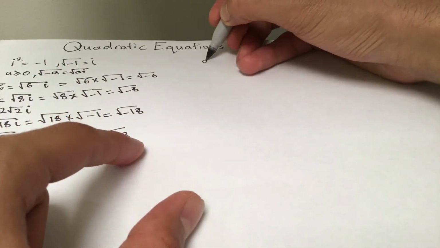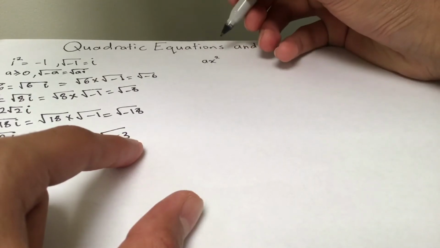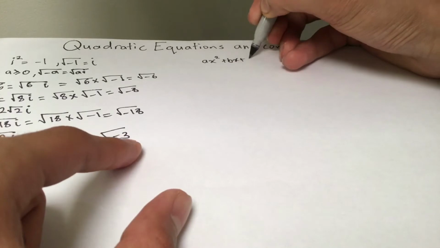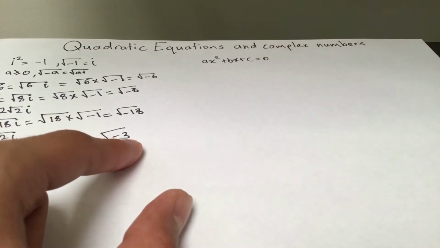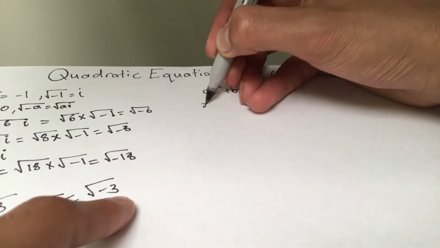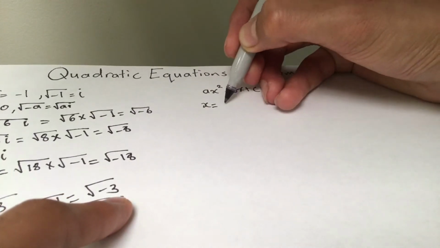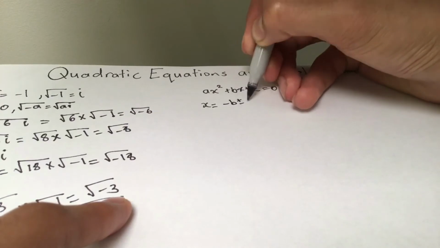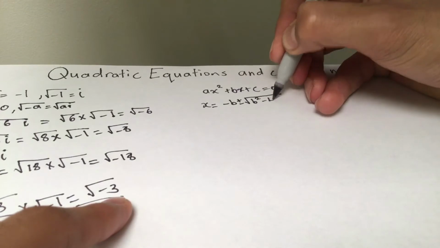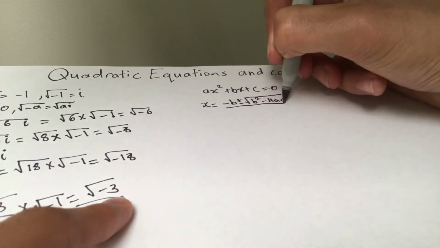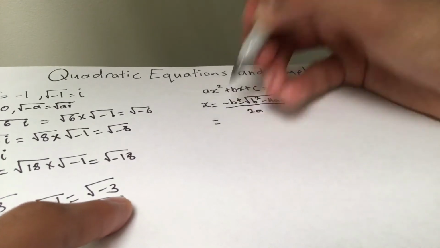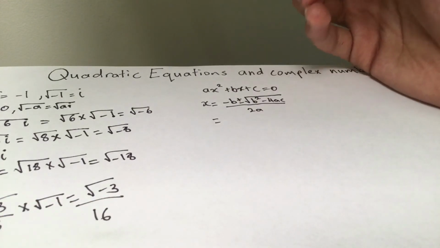We apply the form ax squared plus bx plus c equals 0, and the formula is represented as x equals -b plus or minus the square root of b squared minus 4ac, over 2a. So that is our formula.